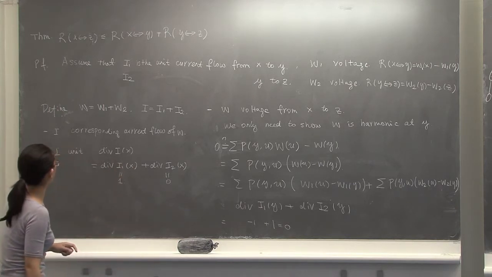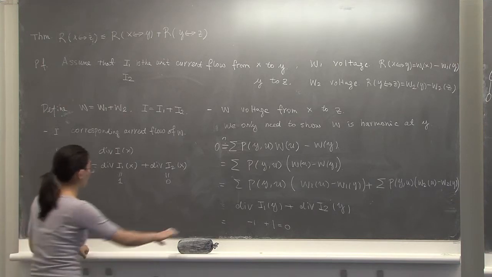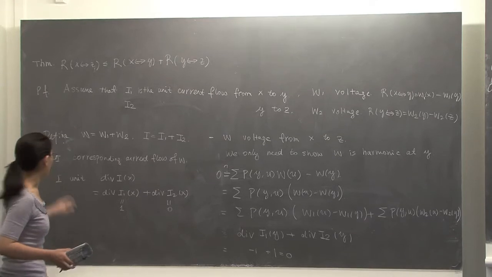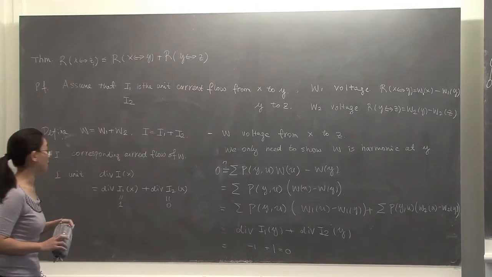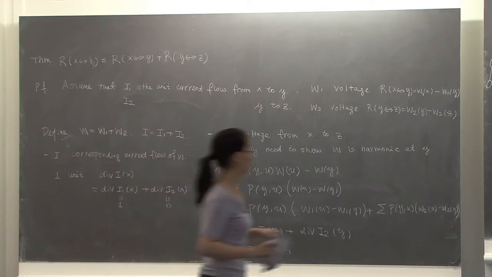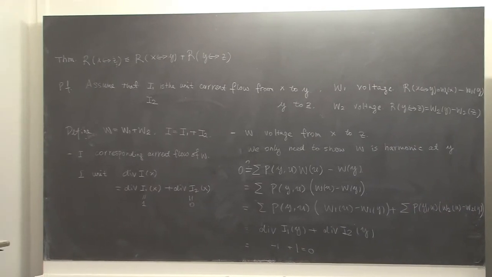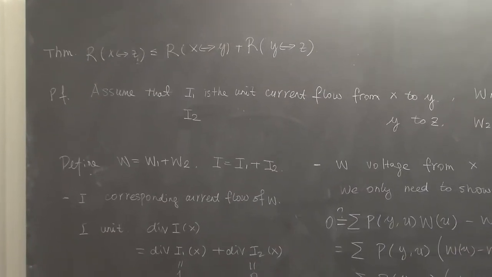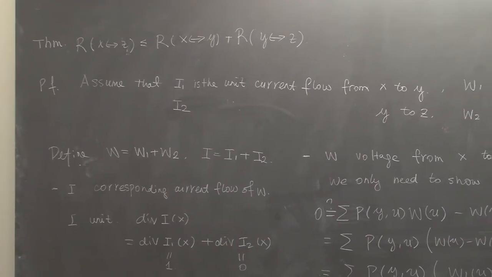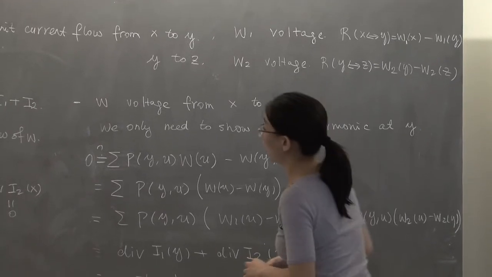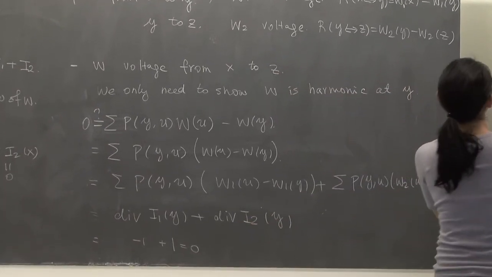So here we have shown that if we put W equals W1 plus W2, then W is the voltage, and the corresponding I is the corresponding unit current flow. Okay, so W is the voltage, I is the corresponding unit current flow.